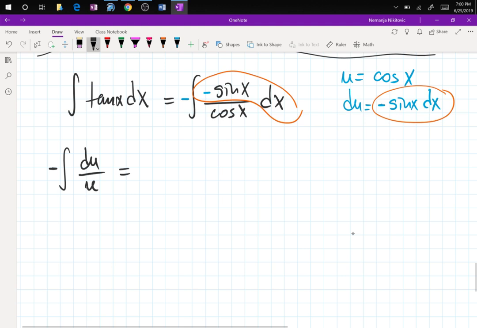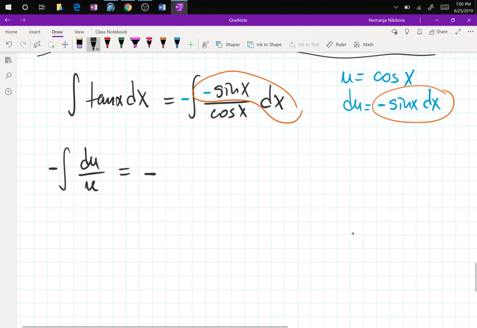Now what's that? What's the integral of du over u? Maybe 1 over.